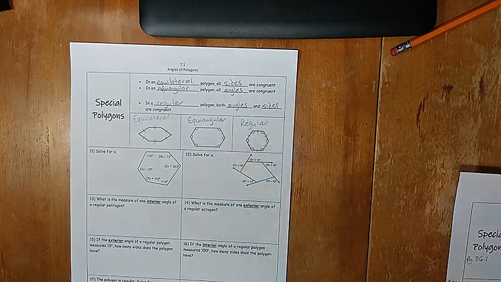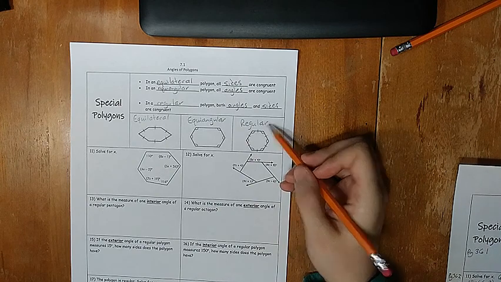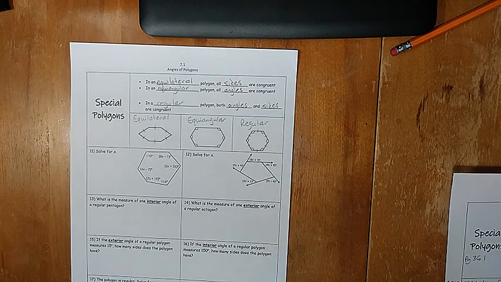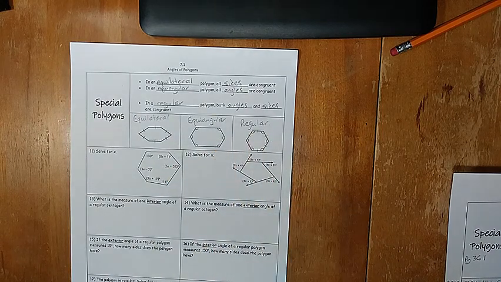And this can be for any polygon, all right? It doesn't have to just be a hexagon. It could be a triangle, it could be a quadrilateral, which a regular quadrilateral we call a square. It could be a heptagon. It can be any polygon that is equilateral, equiangular, or regular.